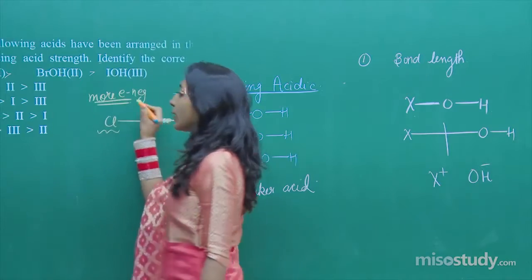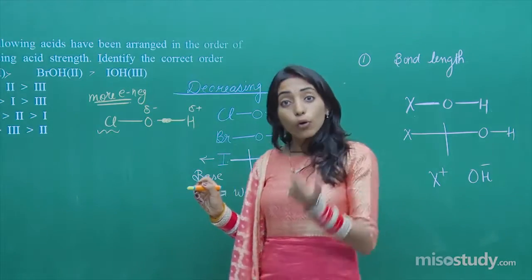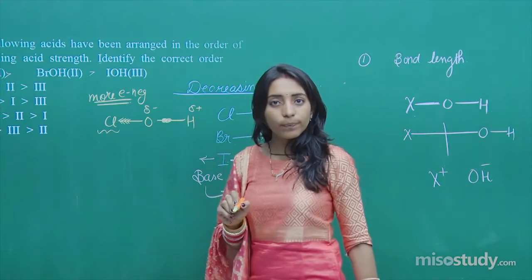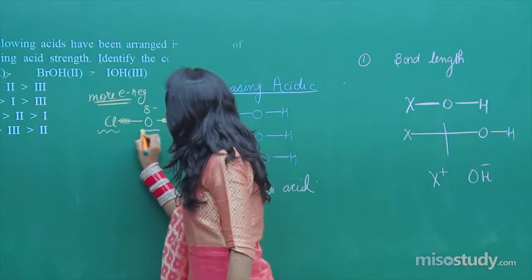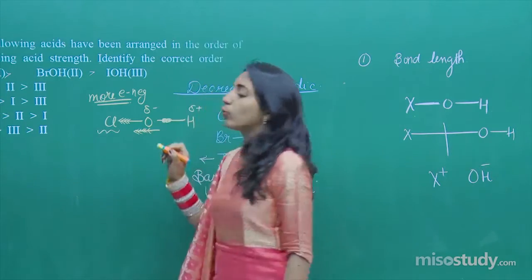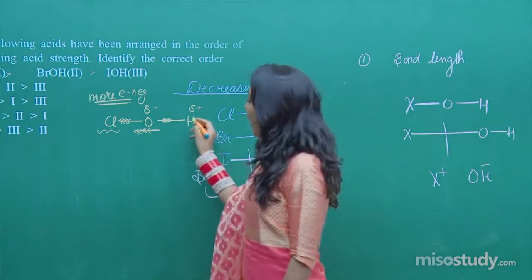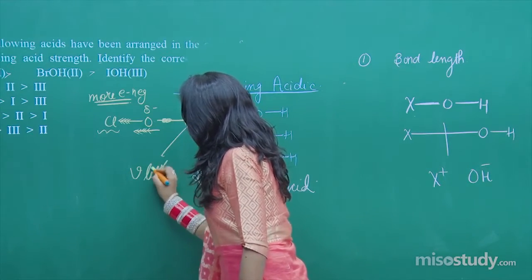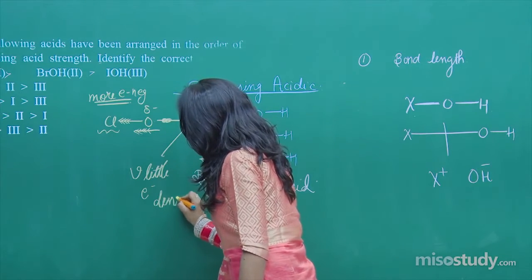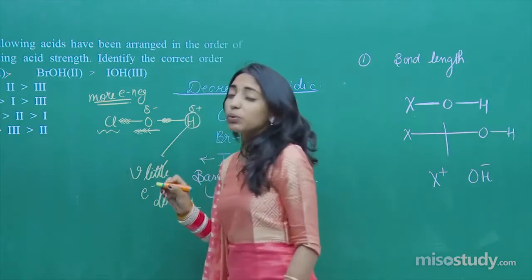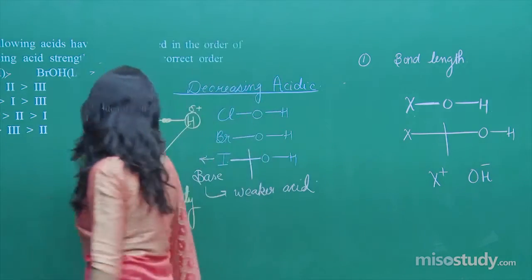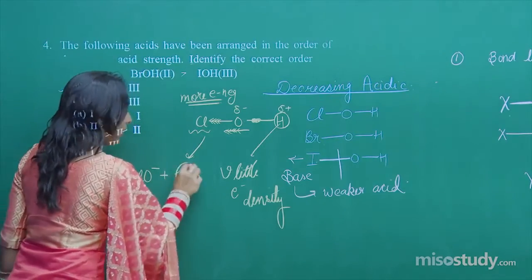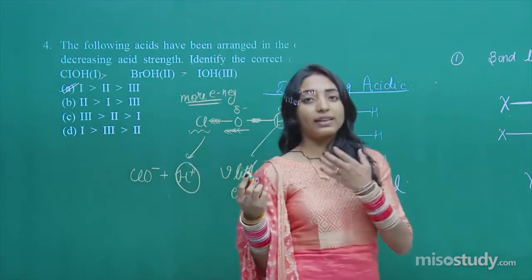Chlorine being a more electronegative atom will try to attract the shared pair towards itself, which in turn will force this oxygen to attract more of the shared pair towards itself. Thus hydrogen will be left with very little electron density, so it can easily be lost in the form of ClO minus and H plus. And thus ClOH will be taken as a good acid.